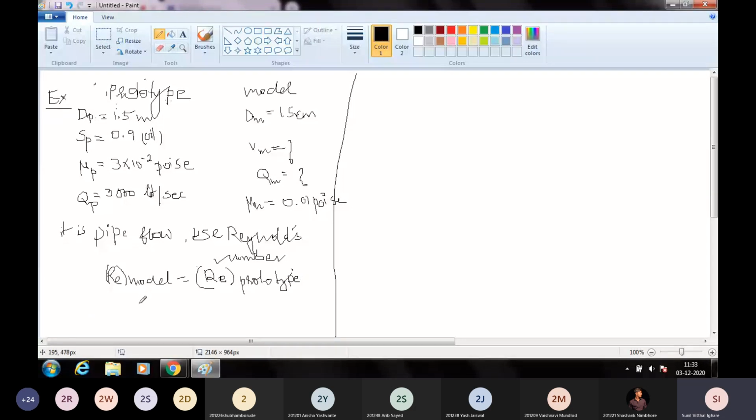So how to write Reynolds number? We just have seen this type of equation in a Reynolds model now. So if model and prototypes are given, at that time we know the Reynolds number formula, that is equal to rho v d by mu.